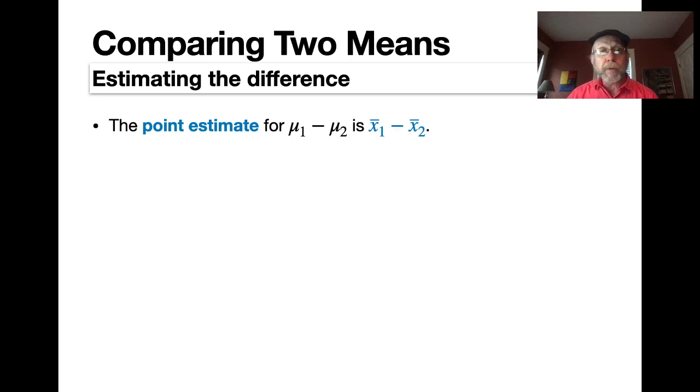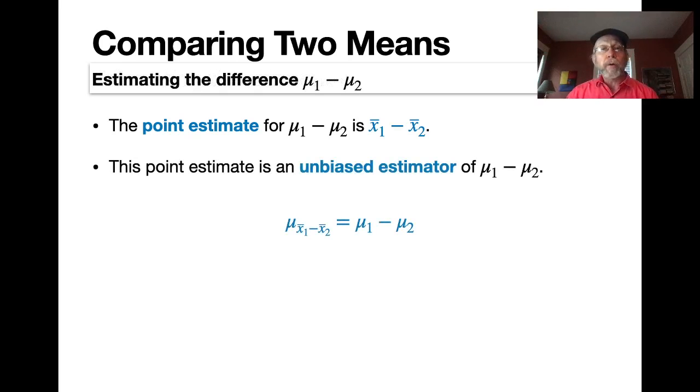And our point estimate for that is just the corresponding difference between the sample means, right? That makes total sense because the sample mean for location 1 is our best information about the population mean, mu1, and similarly, our sample mean from location 2 is our best estimate for the population mean at location 2.